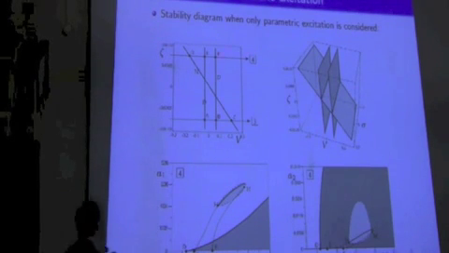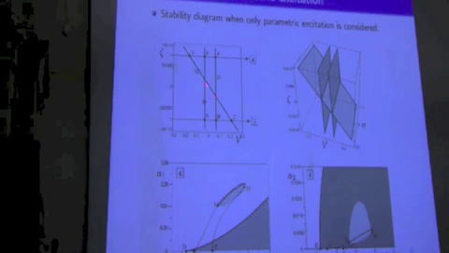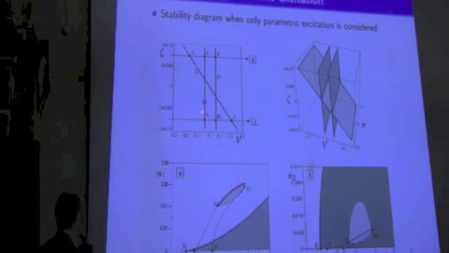If we introduce also parametric excitation, you can see here again the stability diagram for the trivial solution, and the pitchfork bifurcations here split, and we have a lower critical condition for this type of bifurcation.